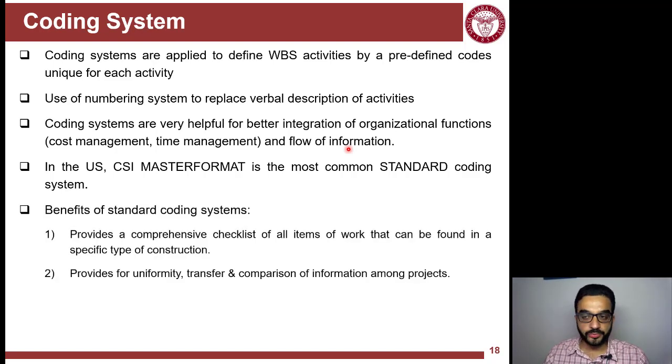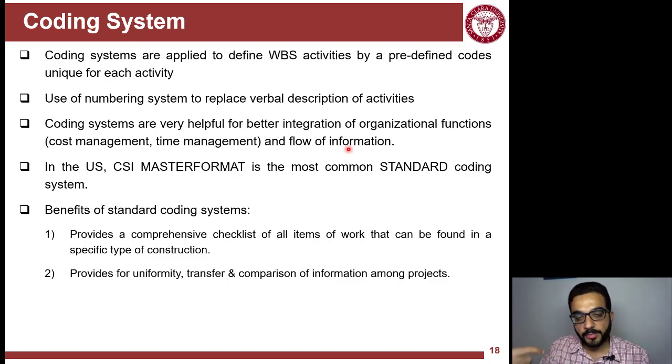And coding systems will provide different benefits. The main one is that if it's a standard coding system like CSI MasterFormat, it will be kind of a checklist. So if you have the full MasterFormat, you go through it and you say, yes, I have this in the project. No, I don't have it. Yes, I have it. And also it provides uniformity between projects.